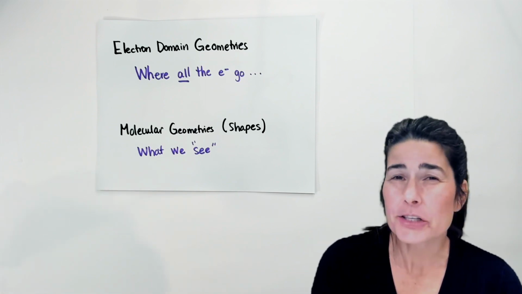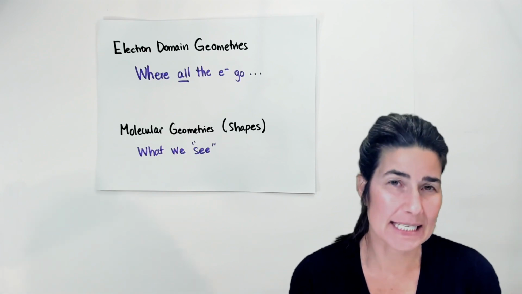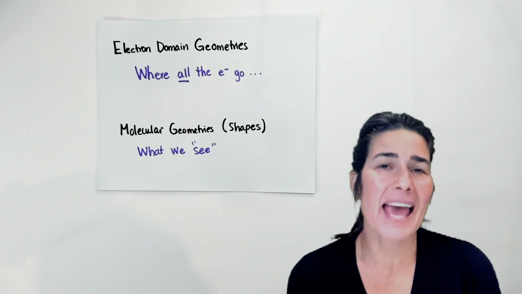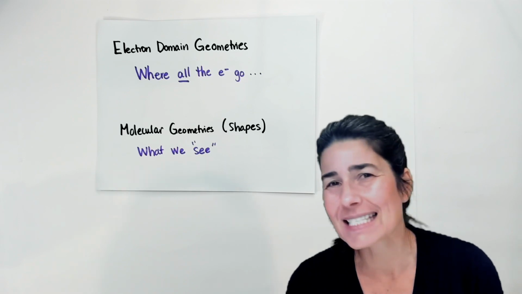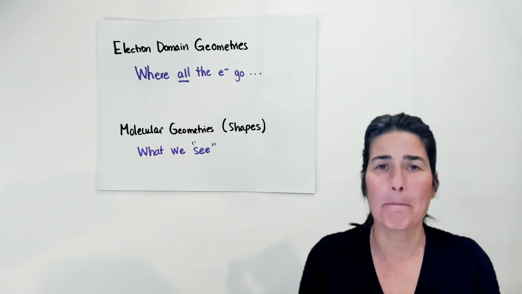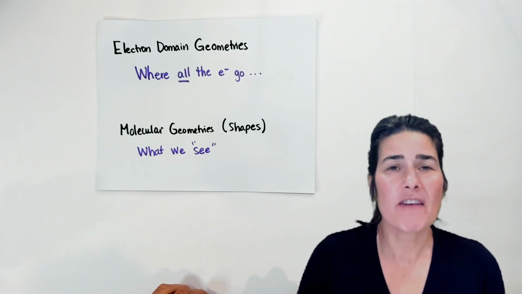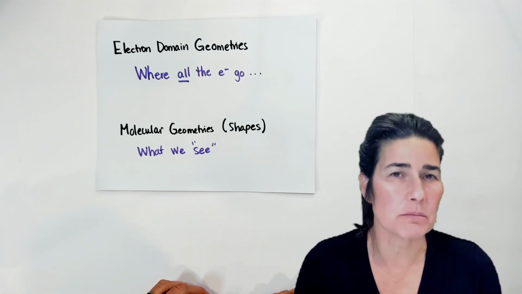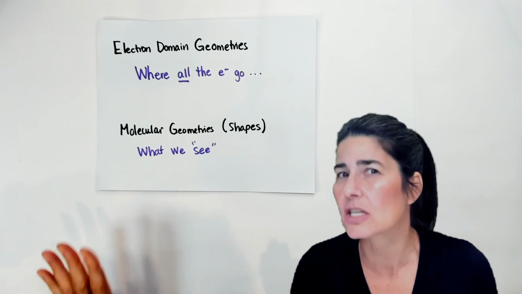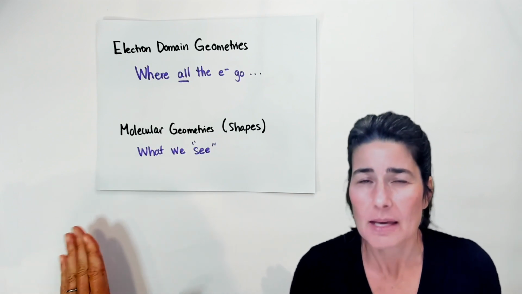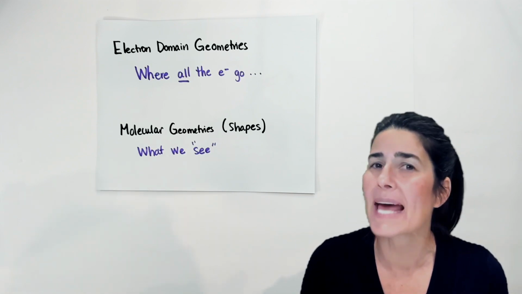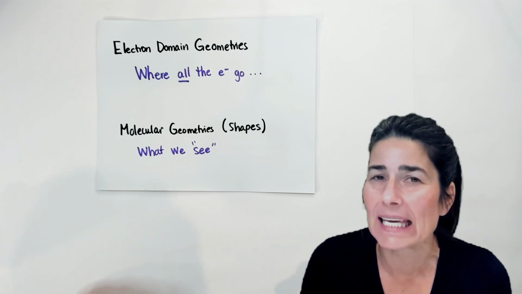A molecular geometry, on the other hand, basically says, yeah, but I can see atoms, I can map those out with things like X-ray crystallography. If I just look at the atoms, even though lone pairs are still there, I can't see them. If I just look at the atoms, what do I see?